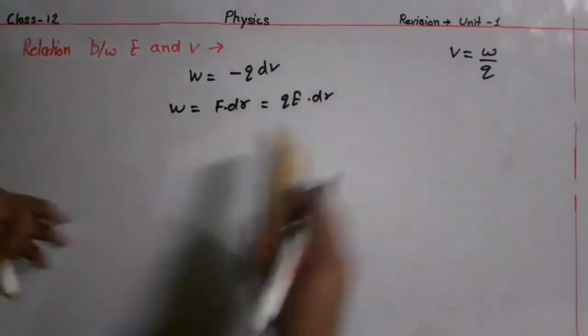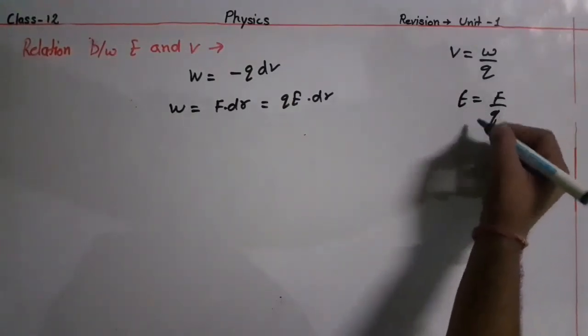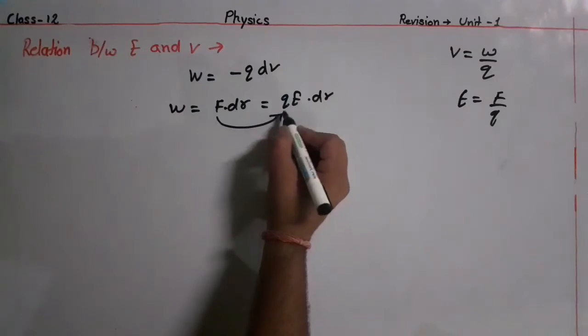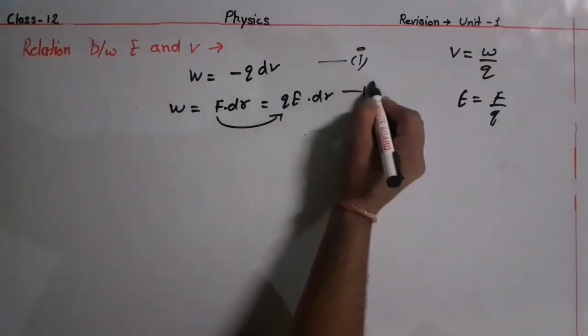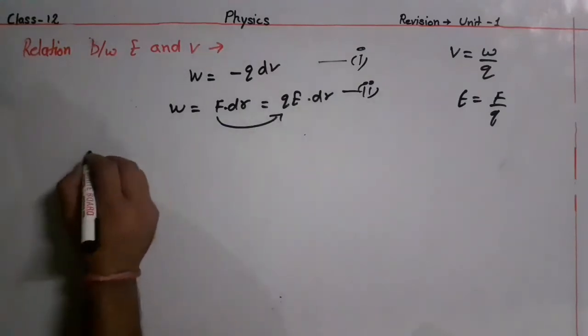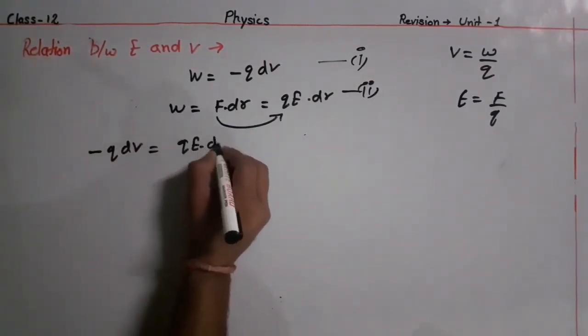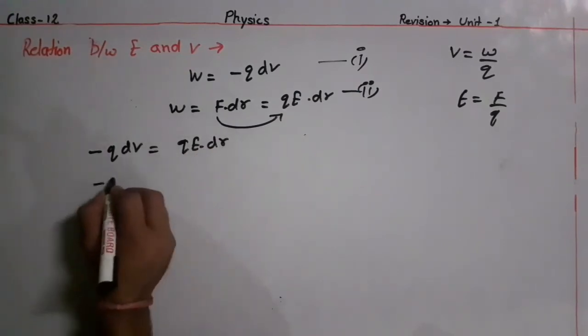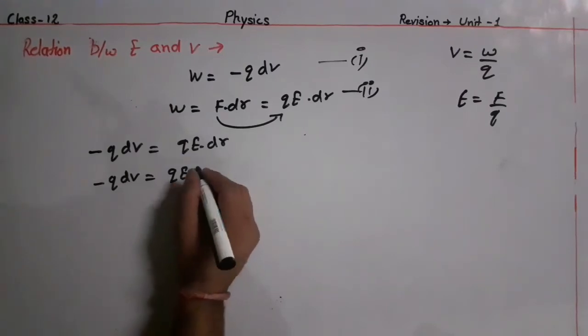E is equal to F upon Q, so F is equal to Q into E, which we have taken here. Next, by comparing equation first and equation second, we will get minus Q dV is equal to QE dot dr. If I remove this dot sign, we will get Q dV is equal to QE cos theta.